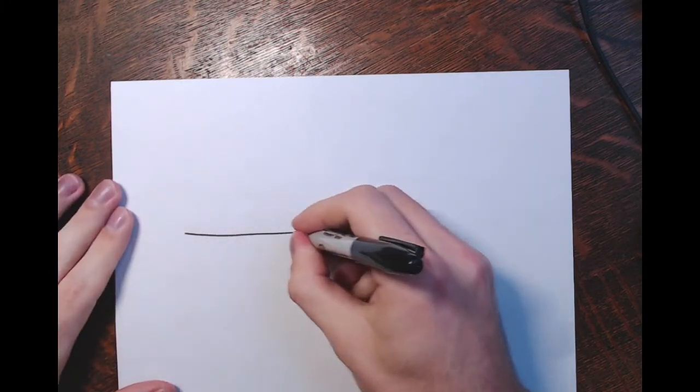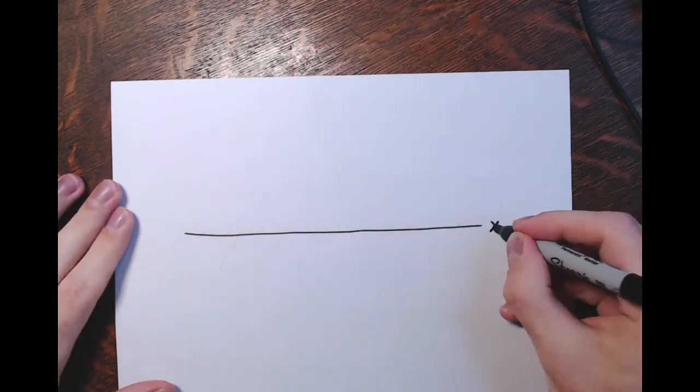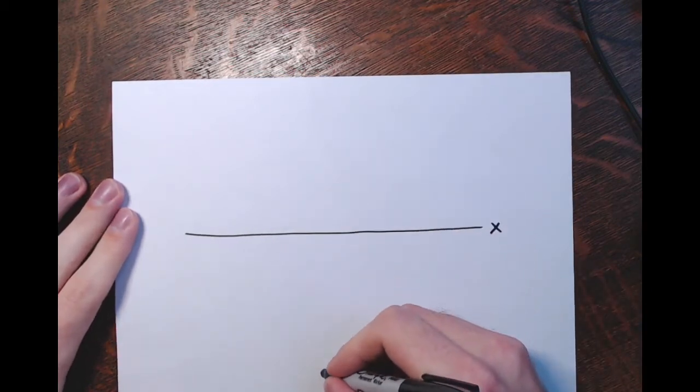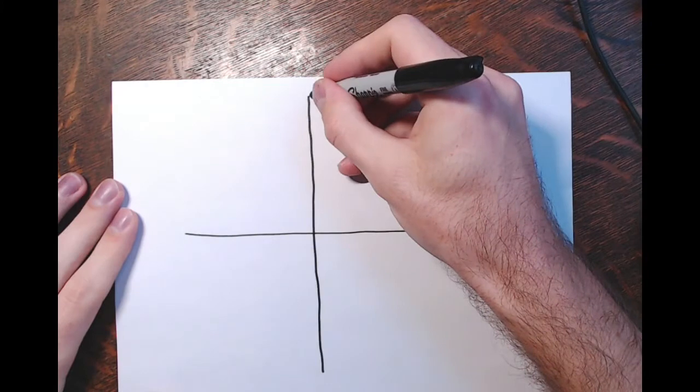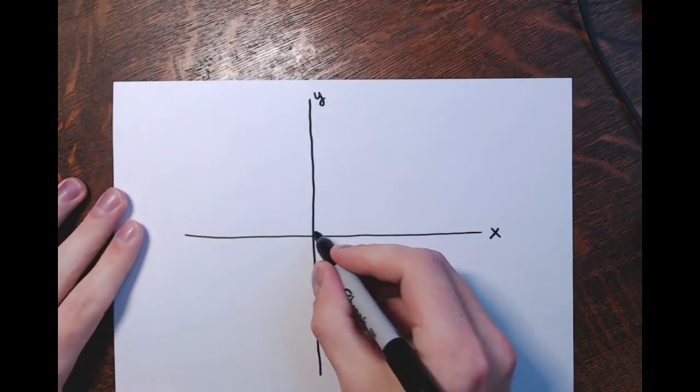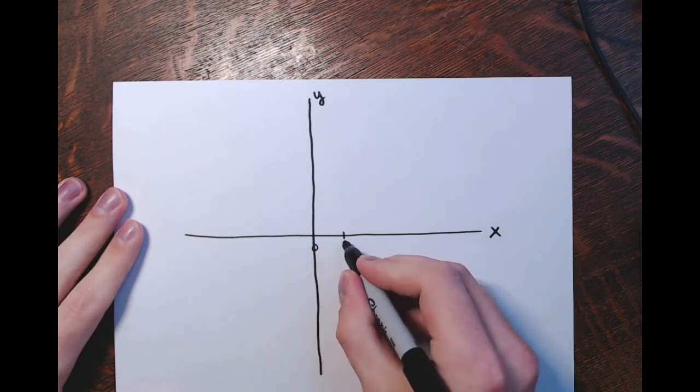is you have a horizontal axis, usually called the x-axis, which is a number line, and a vertical axis, usually called the y-axis, another number line. I'll mark off the integers here.